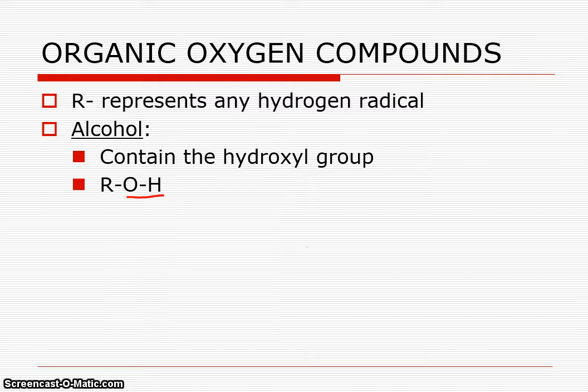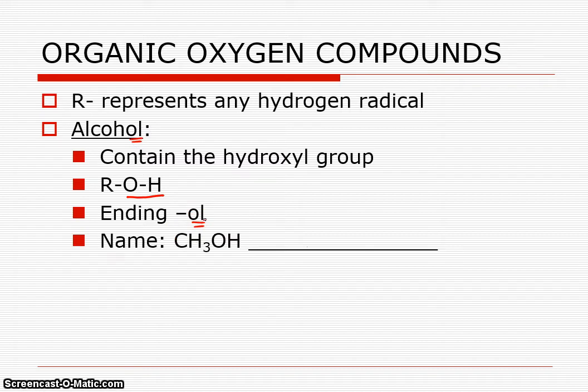We learned this earlier as hydroxide, and that's fine when it's in ionic compounds, but we are not doing ionic compounds. We're doing organic compounds, so that OH is now named a hydroxyl group. The ending on alcohols is OL, which is very convenient because they match. And so to name an alcohol, the best way to go about doing any of these functional groups is to draw it out.